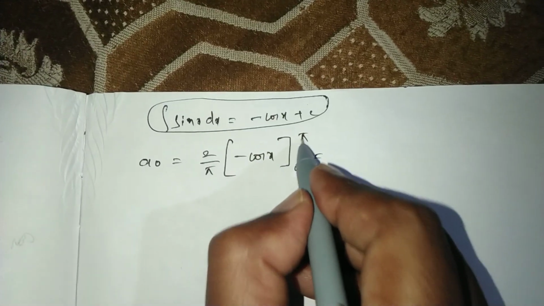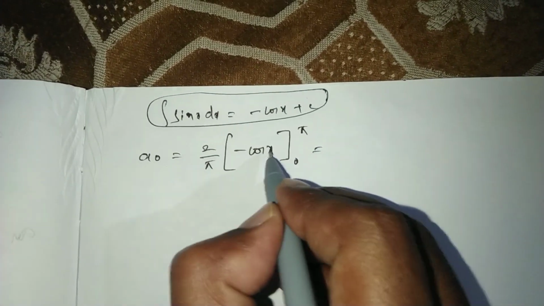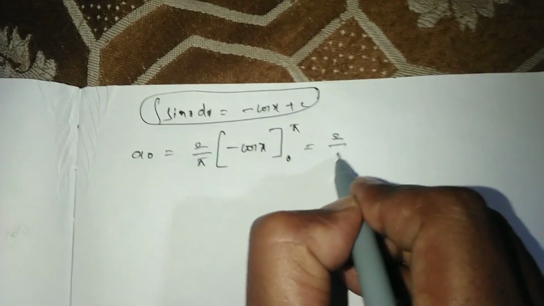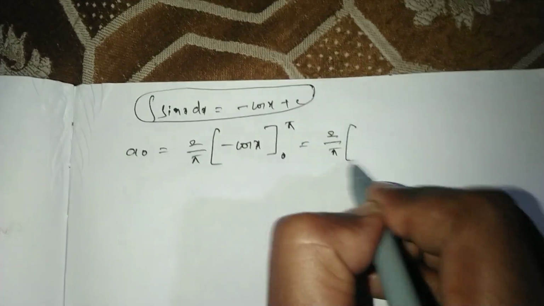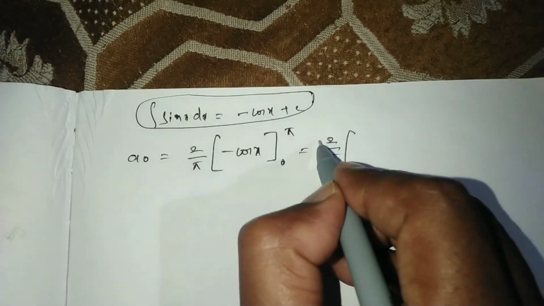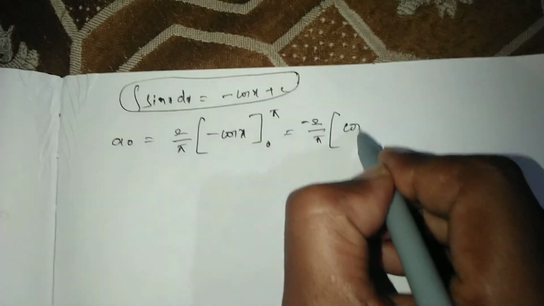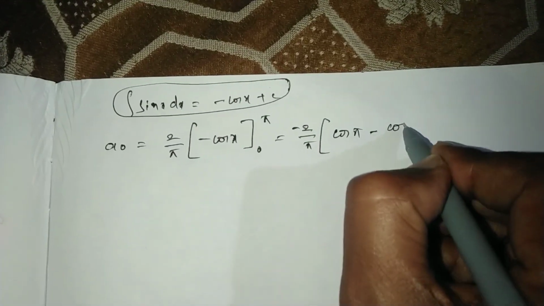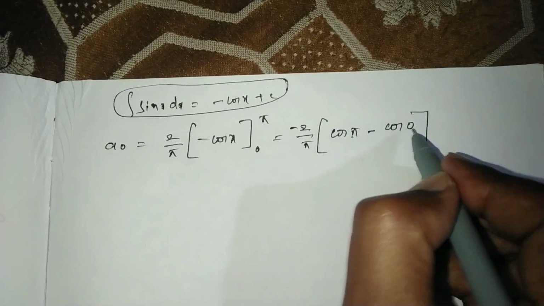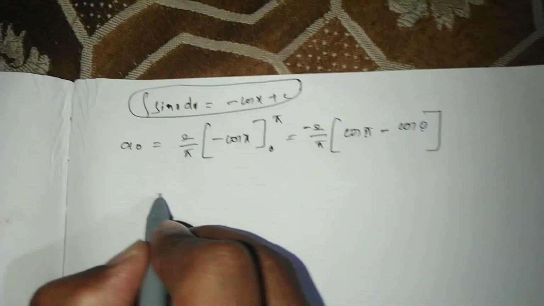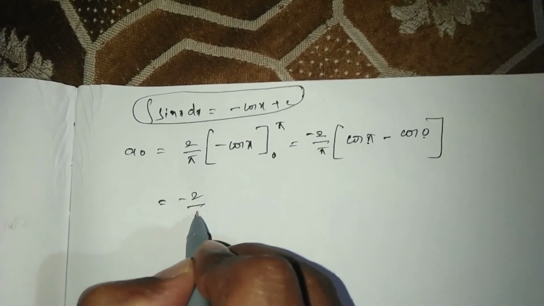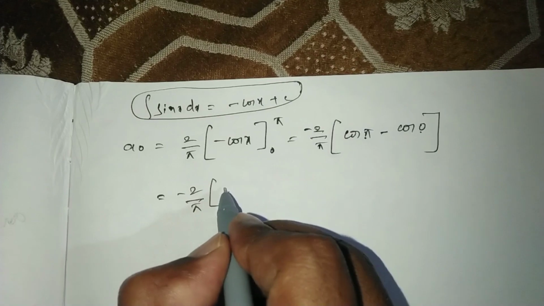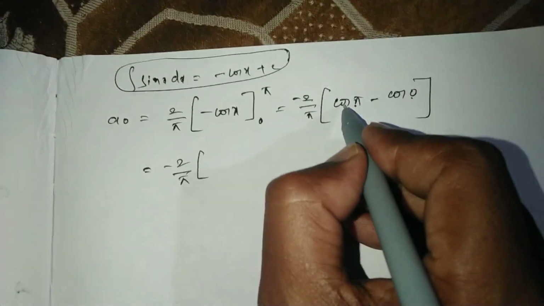Now substitute the upper limit in x place minus the lower limit in x place. Before that, it is multiplied by 2 by pi, so taking negative common, cos pi minus cos 0, upper limit minus lower limit, that is equal to negative 2 by pi times of cos pi.